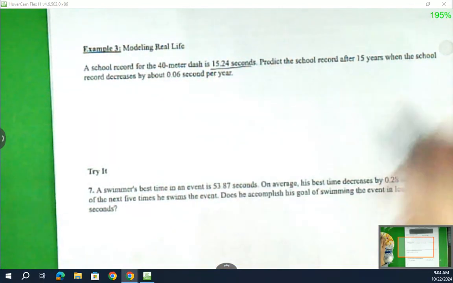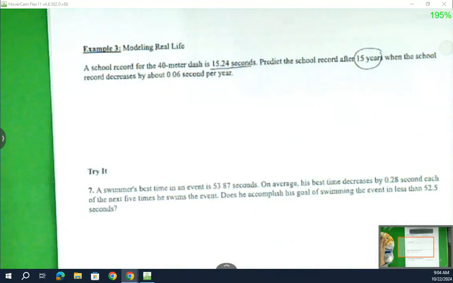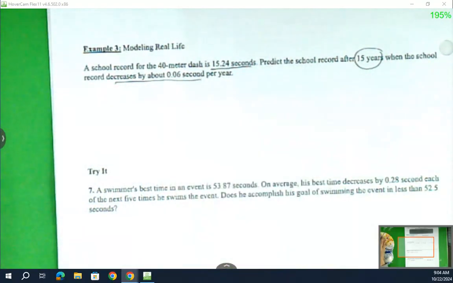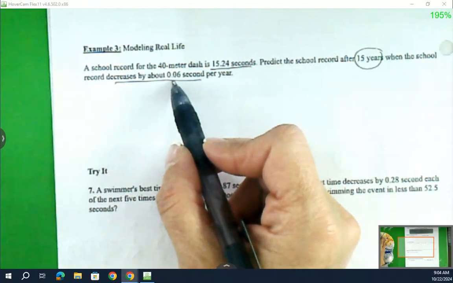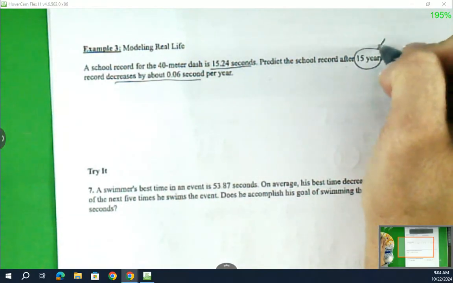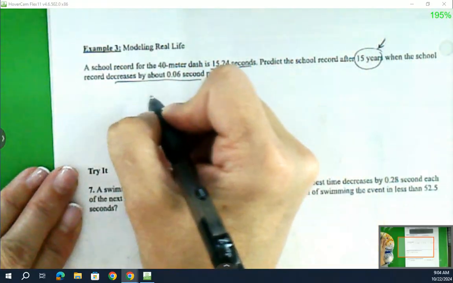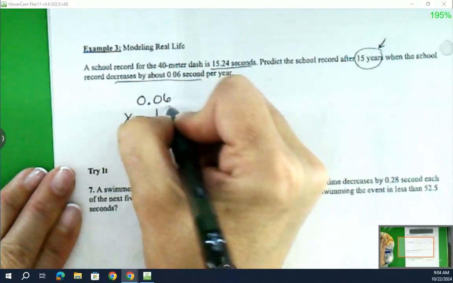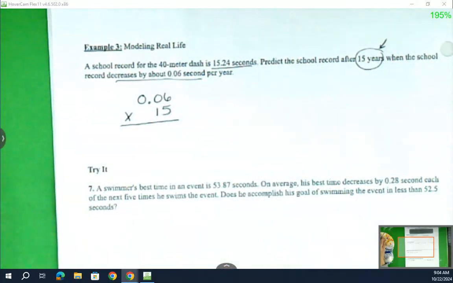Predict the school record after 15 years when the school record decreases by about 0.06 seconds per year. Okay, so that's our unit rate per year, and that's going to happen for 15 years. So our math problem here is 0.06 times 15 to see our total decrease in seconds.